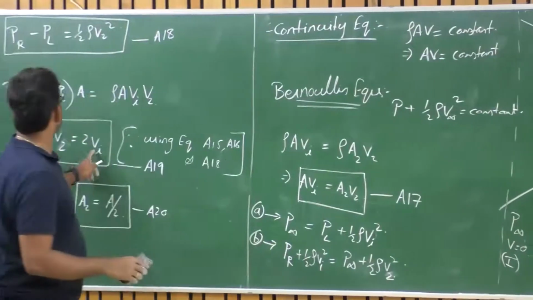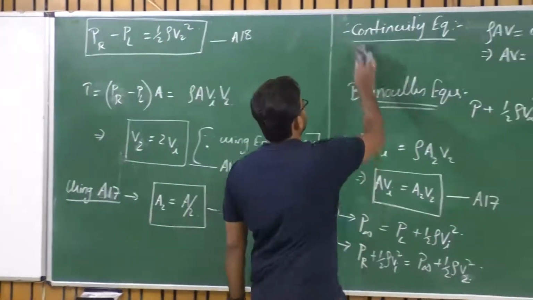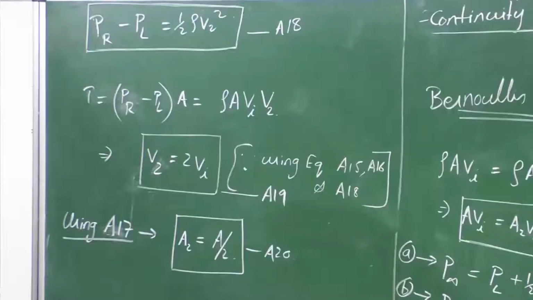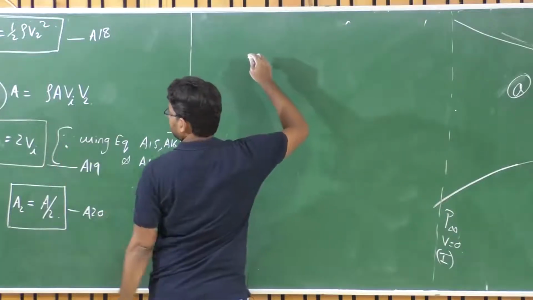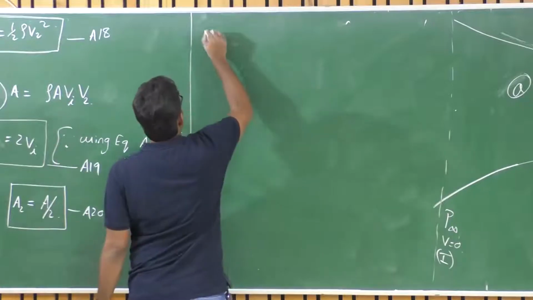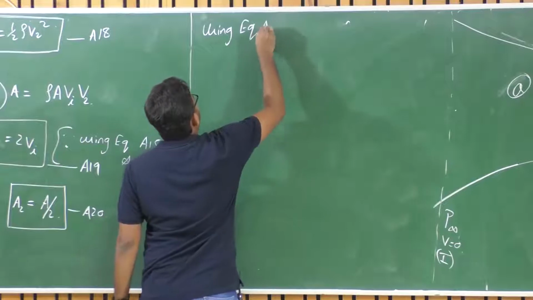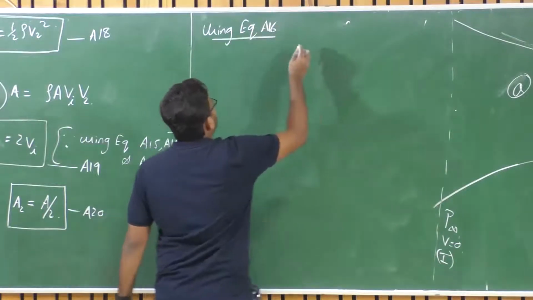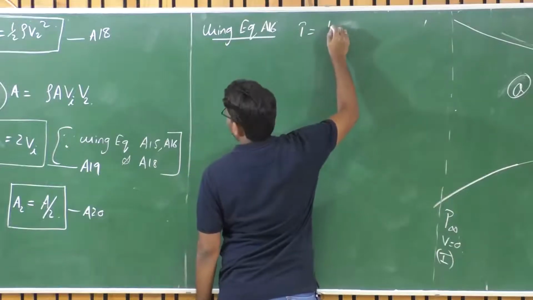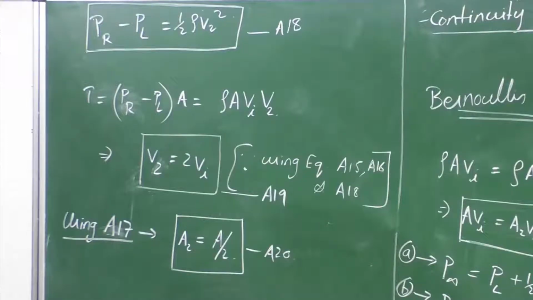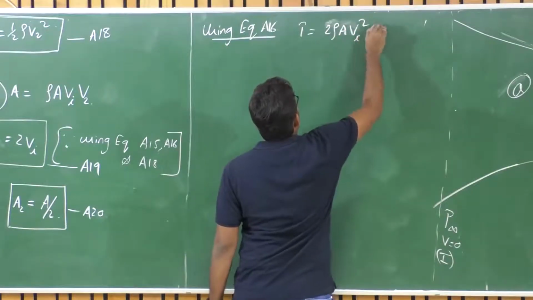So we can also express this induced velocity in terms of this thrust loading. That's also a good equation to note down. So from 15 and 16 again, using equation A16, what I have is T is equal to 2 rho A Vi square, right?